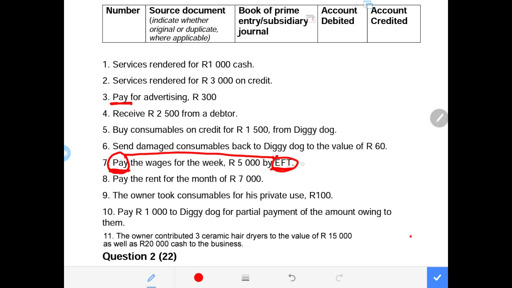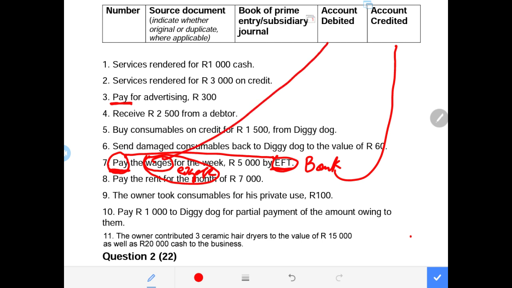So our bank account will be credited, because bank decreases on the credit side. Then, what did we pay? We paid for wages. Wages is an expense. Expenses increase on which side? That means wages will be increasing on the debit side.